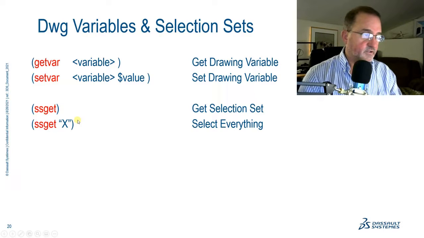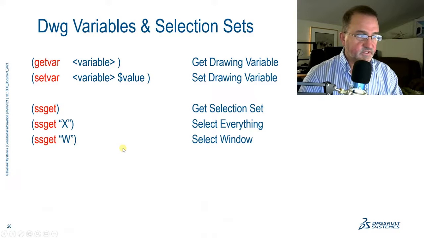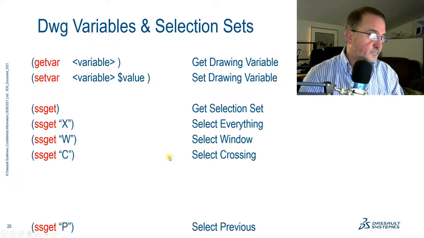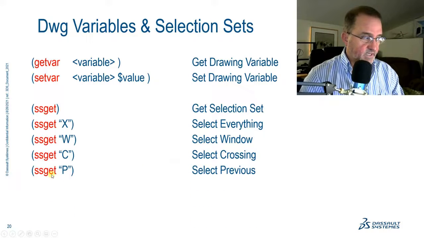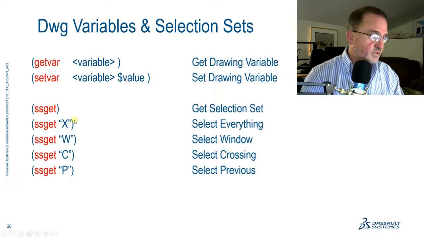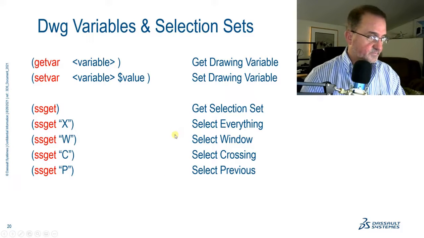Everything that's physically in the drawing, it will grab that. If I use a W, it'll use a select window. If I use a C, it'll select a crossing. And if I use ssget P, it'll select the previous. So these are different options that we can use to grab selection sets of items.